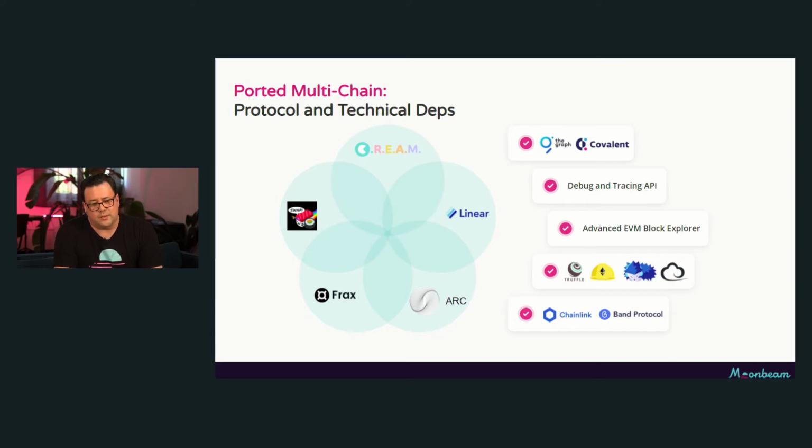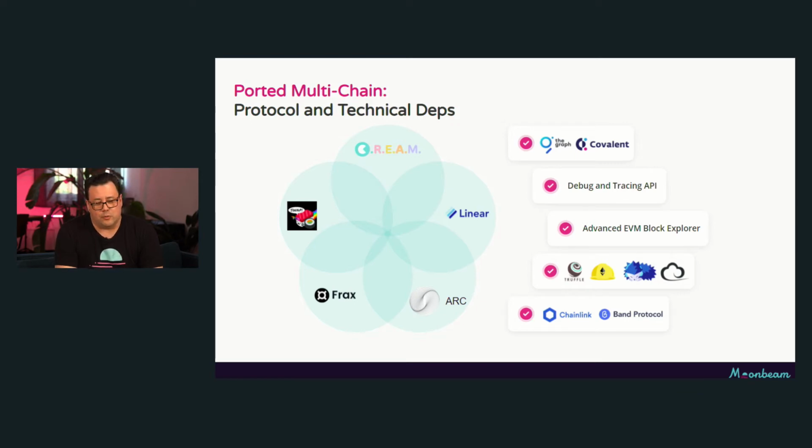One area is that there are a lot of dependencies outside of the core Ethereum implementation. You can have a chain that is Ethereum-like, great, but that doesn't get you all the way there. To give an example of some of the partners we're working with on the DeFi side, they have dependencies with each other. None of these people can go alone because they need other protocols to also be there in order to function.